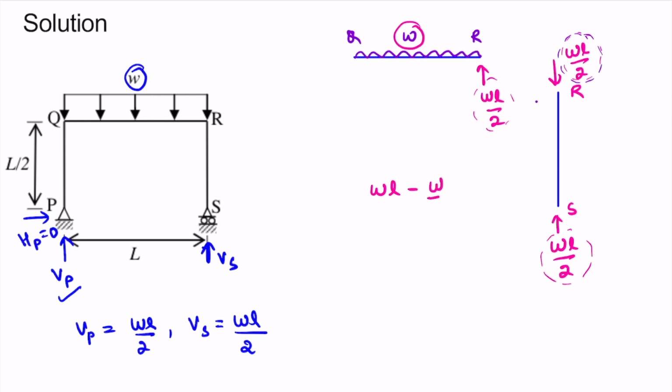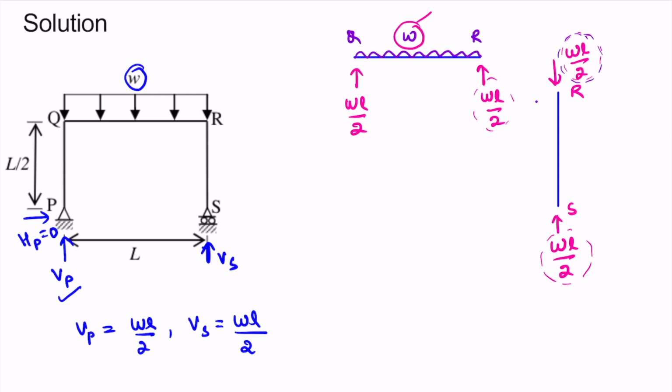So the total unbalanced vertical force is WL by 2. Let us mark here WL by 2. Now the vertical equilibrium is satisfied. The total downward force due to this UDL is WL and the total upward force due to these two is WL by 2 plus WL by 2, that is WL. So vertical equilibrium is satisfied. There is no horizontal force.